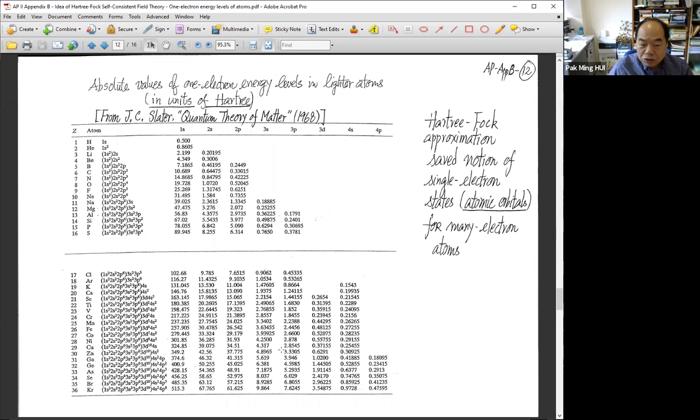Here, I just showed you how people, after doing this Hartree self-consistent calculation, get all these atomic states for different atoms. I just want you to realize, if we are doing hydrogen, then we only get one s, okay? Because we are looking for the ground state here.